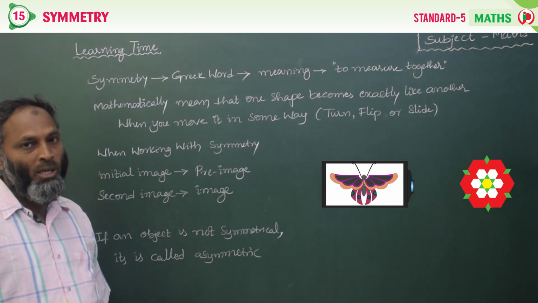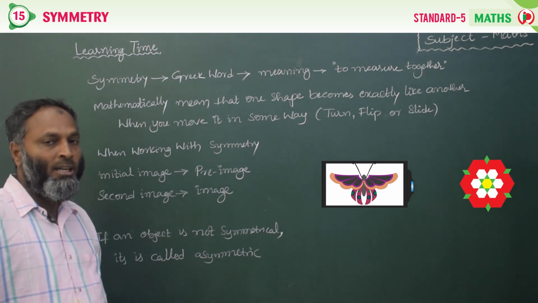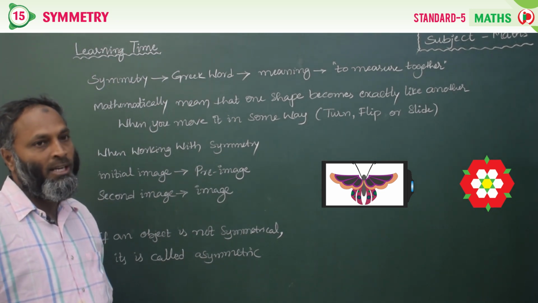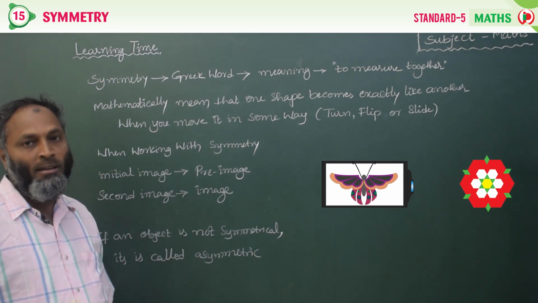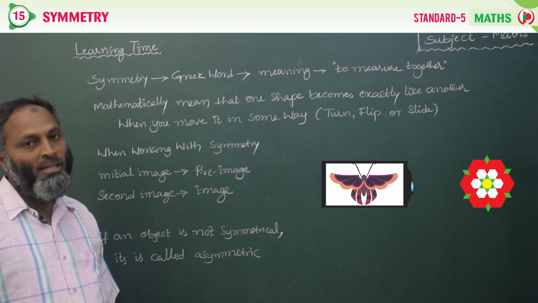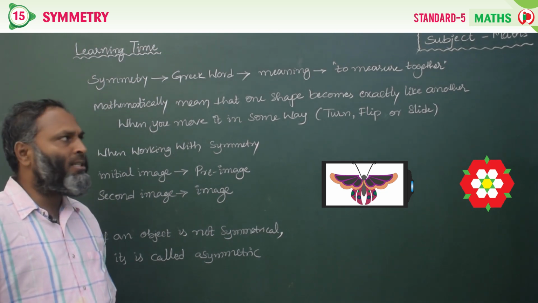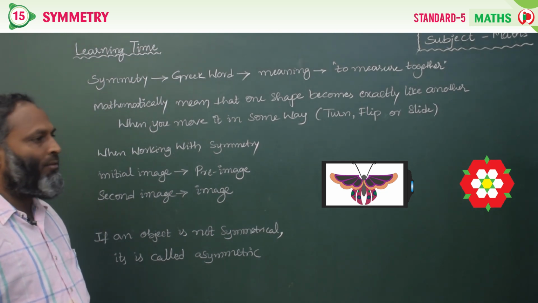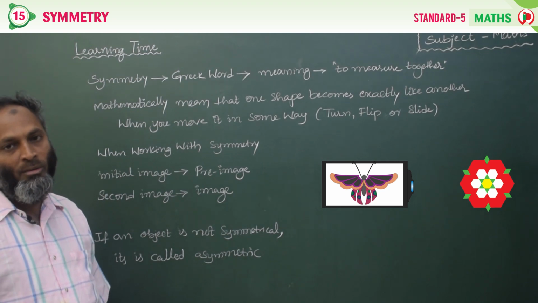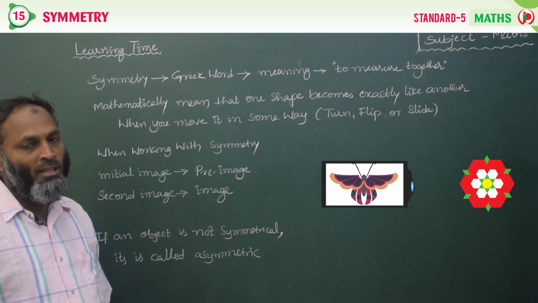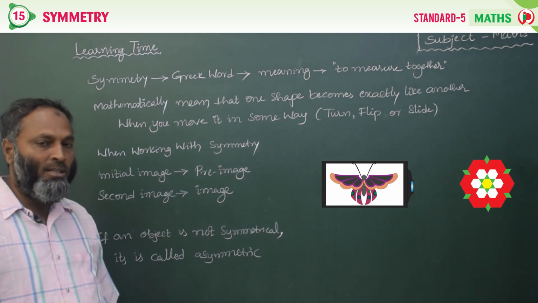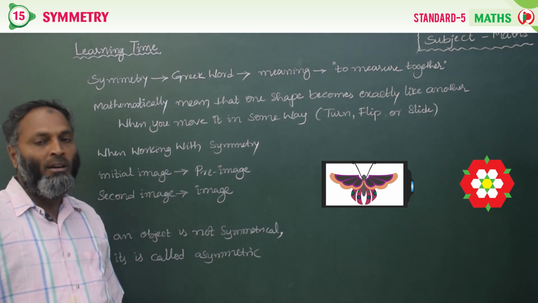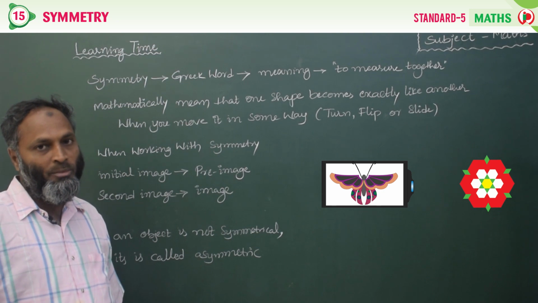This is the definition in Greek, and mathematically it means exactly like another, the same shape and size. Okay, so this is about symmetry. And if an object is not symmetrical, then it is asymmetric, meaning these are not symmetrical objects.